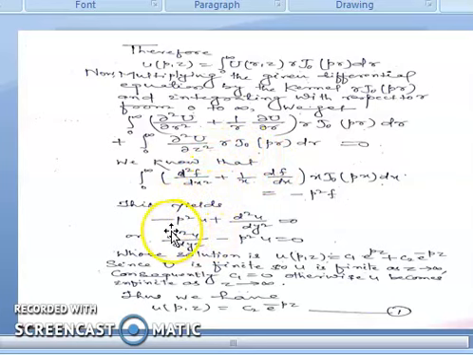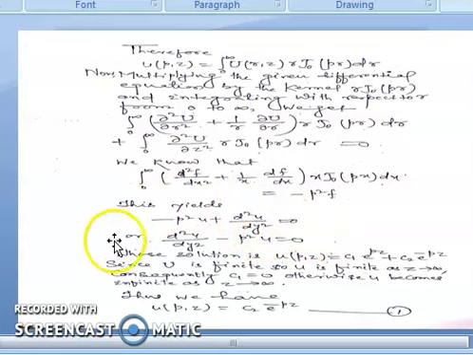This yields minus p square u bar plus d square u bar upon dz square equal to 0. We get this form by using the result in this equation: minus p square f becomes minus p square u bar, because here the function is u. So minus p square u bar plus d square u bar upon dz square equal to 0.